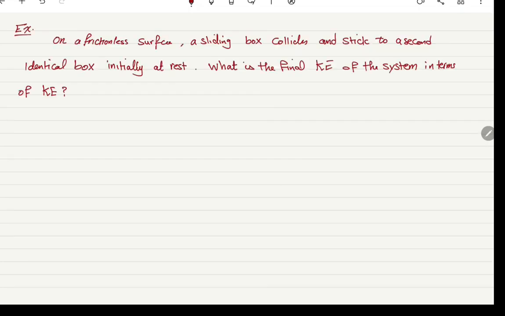Example: on a frictionless surface, a sliding box collides and sticks to a second identical box initially at rest. What is the final kinetic energy of the system in terms of the initial kinetic energy? Now, this collision is completely inelastic, so momentum is conserved, or m1 v1 initial plus m2 v2 initial equals m1 plus m2 times v final.